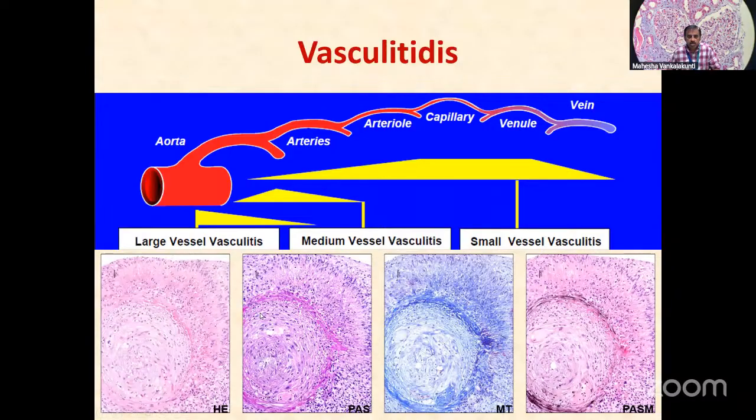As you see in the images at the bottom, the inflammation is encroaching upon the vessel and it's destroying the vessel wall per se. And there are various diseases affecting the vasculature, and they are grouped into large vessel vasculitis, medium vessel vasculitis, and small vessel vasculitis.